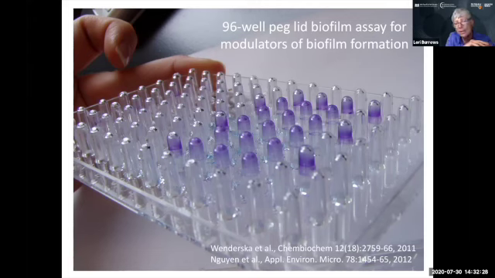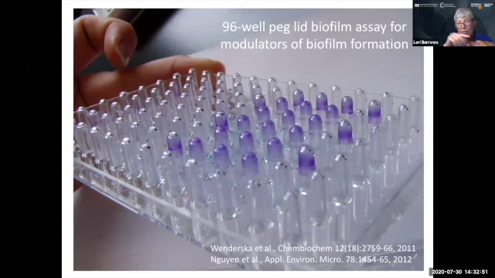And what it is essentially is a special lid with 96 pegs on it that fits into the wells of a 96 well plate. And we really love this assay because it allows us to study, for example, 96 different drugs or 96 different bacteria or concentration gradients of drugs.